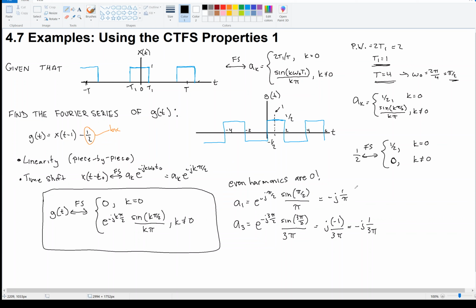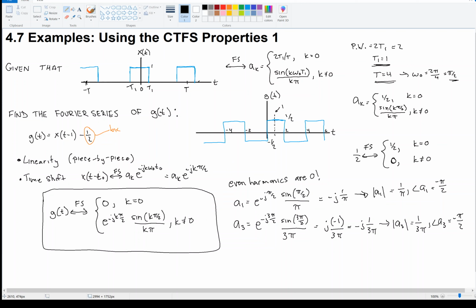Well, this guy, A1, has a magnitude, so the magnitude of this complex number is 1 over pi, and the phase of A1, minus j means to go down 90 degrees, or minus pi over 2. So the phase of that thing is minus pi over 2, and similarly over here, the magnitude of A3 is 1 over 3 pi, and the phase of A3 is also negative pi over 2.